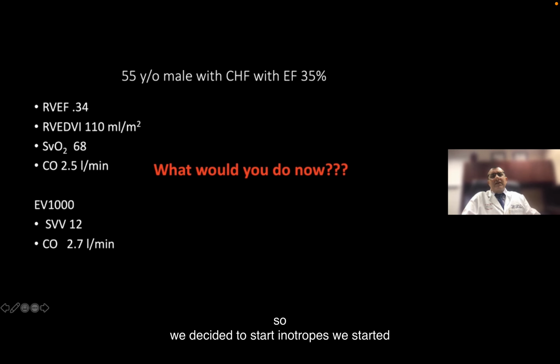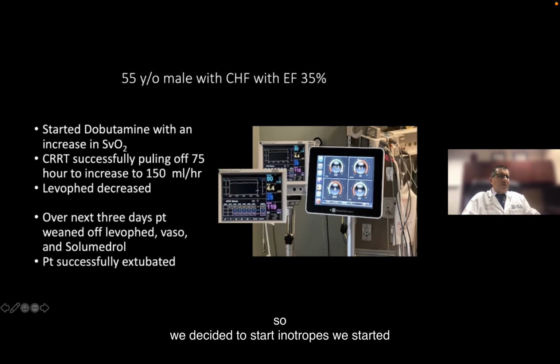And so we decided to start inotropes. We started dobutamine. That way, he started pulling CRRT. We were able to pull fluid off of him, optimize him. His Levophed decreased, and then we were able to actually wean everything off. And this is what it looks like.